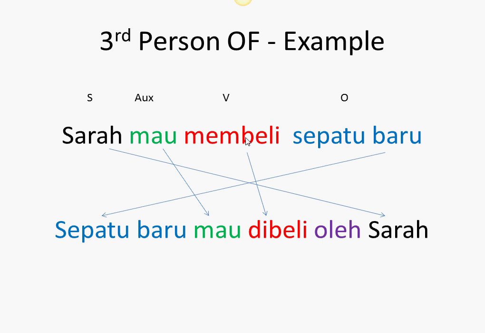The verb hasn't been moved, just stayed where it is, but it's changed from membeli to dibeli, and the meaning has not changed. I added oleh after the verb, and then the subject is at the back. So it went from Sarah wants to buy new shoes to the new shoes want to be bought by Sarah. Okay, so the meaning of the sentence is still the same, but the focus has been switched.